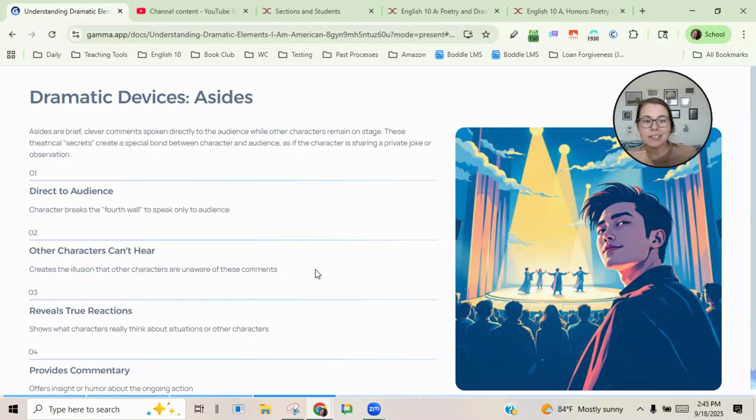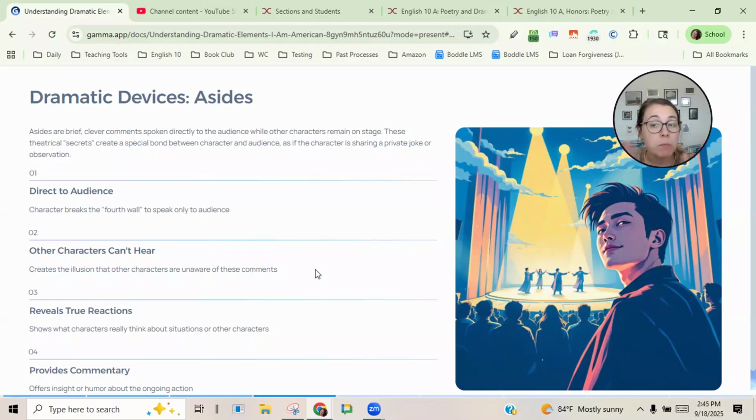So I always think of it as whenever they're making a remark off to the side that they don't want all the other characters to know, they're sharing with the audience, they're breaking the fourth wall to talk to us directly about what's going on on the stage. That's an aside. So the other characters can't hear. They'll either not be around, or they'll be doing something totally different, or they'll be frozen in time.